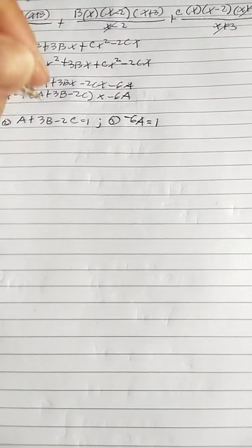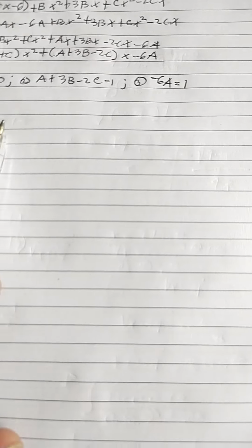For b and c, we can use the a. So negative 1 over 6 plus b is equal to negative c. So c will become, c is equal to 1 over 6 minus b.